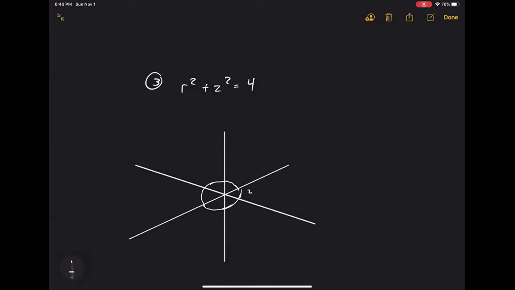What about when z is 2? When z is 2, then I'm going to have radius is 0. Then what about if z is 1? Then I'll have radius is root 3.